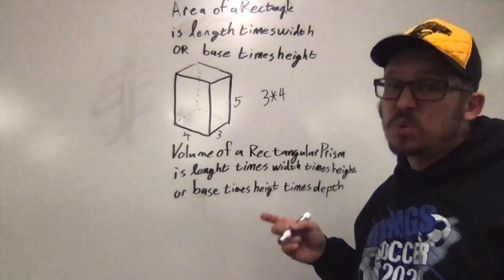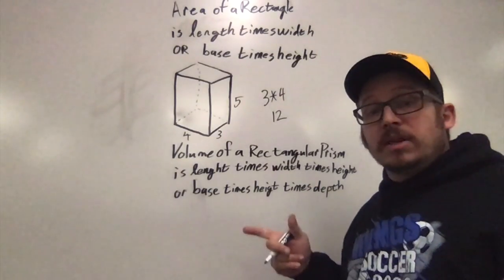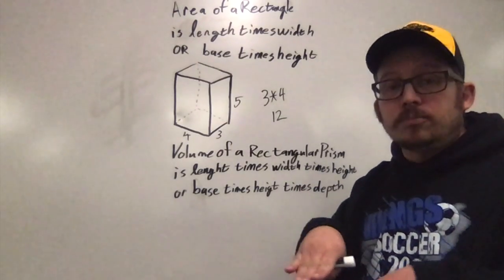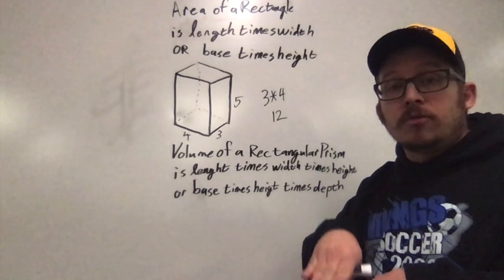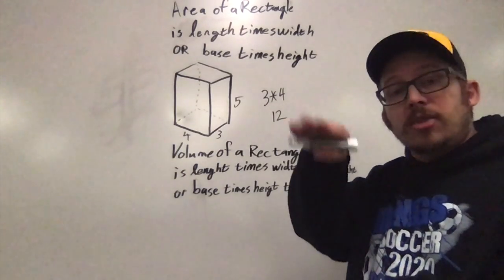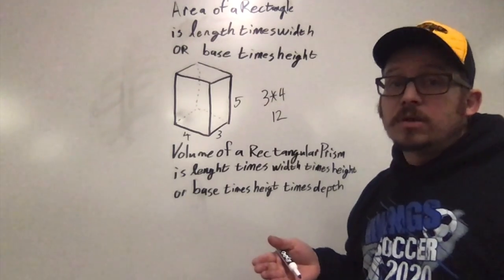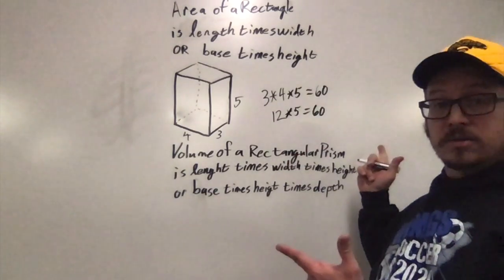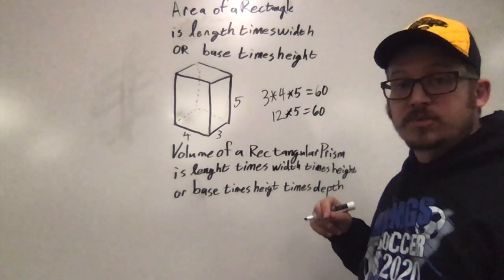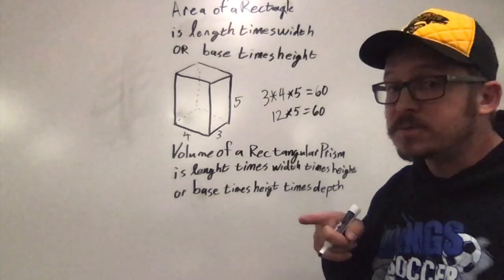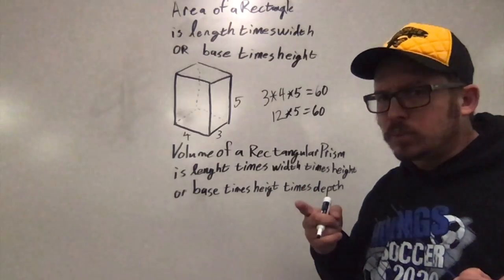But now let's say I want to find the volume of the whole thing. I've got to multiply that third measurement. So 3 times 4 times 5 is 60, because that's 12 times 5, and 12 times 5 is 60.